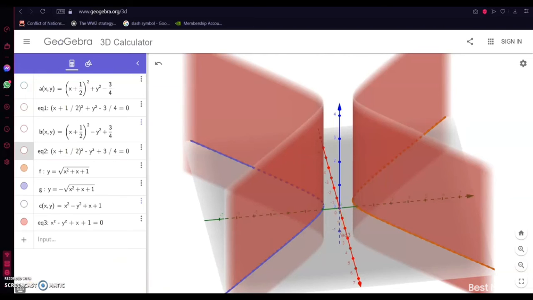But it fits perfectly into the exact equation, which is (x + 1/2)², which is the initial equation. What does this mean? Let's look at it even more. This is the same as the cylinder.